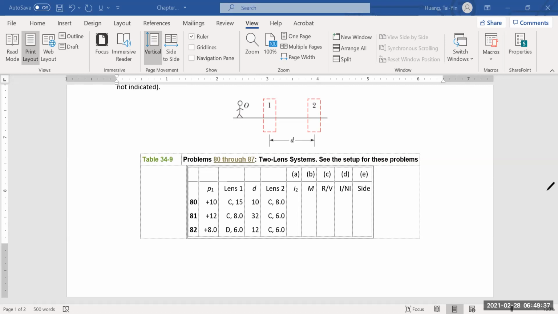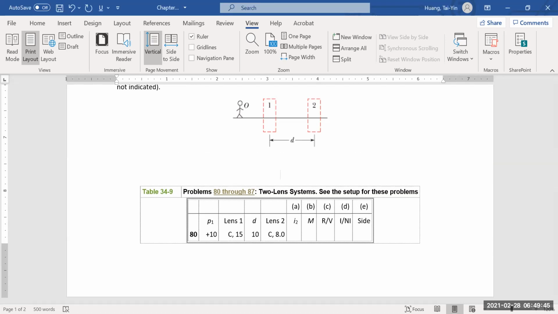Okay, so based on this information, we want to work on the problem. Problem 80. All right, so here's what you want to do. P1 is given. I'm going to redraw this.